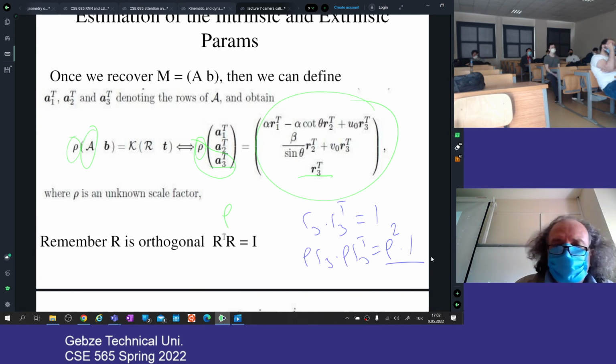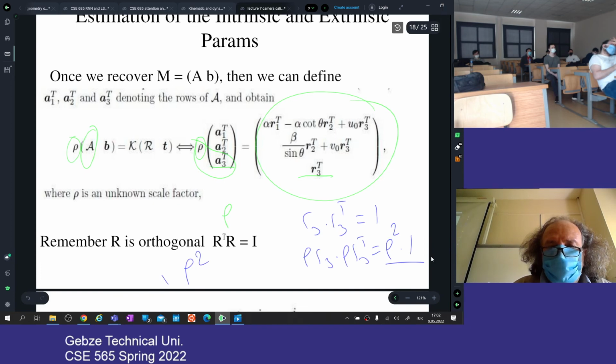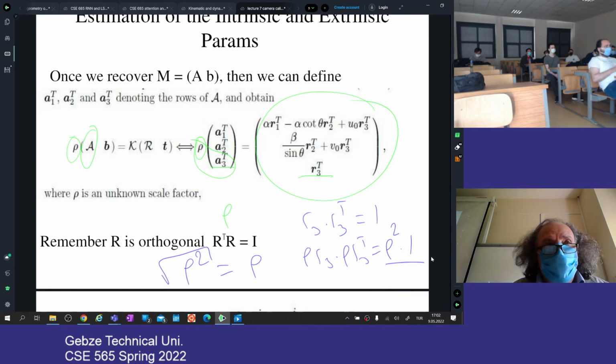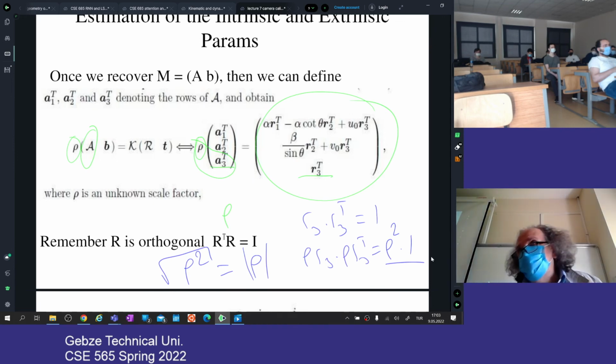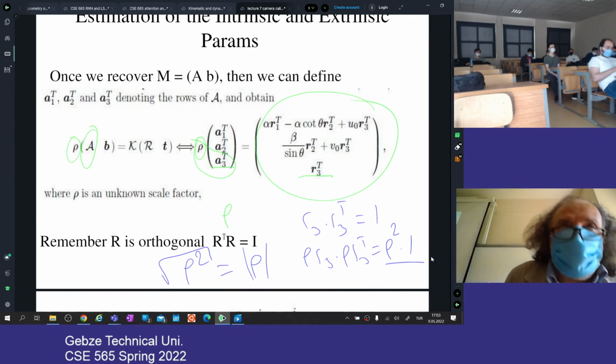Is that correct? If I take the square root of rho square, it's going to give me rho. Is that correct? The answer is no. Why not? It's going to give you the absolute value of rho, right? So I found rho, but I didn't find the exact rho.